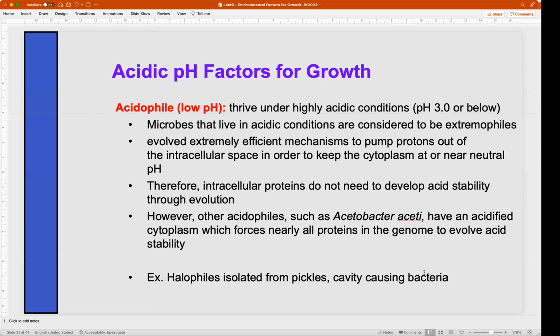You can collect acidophiles from pickles. This is something that people sometimes do. Yeah, question? Less than 7, sorry. Acidic conditions: I say pH 3 or below, but it's below 7. That's going to be your acidic bacteria. So 5, 4, 3, 2.